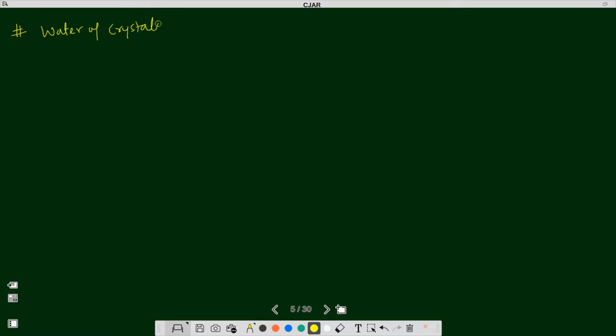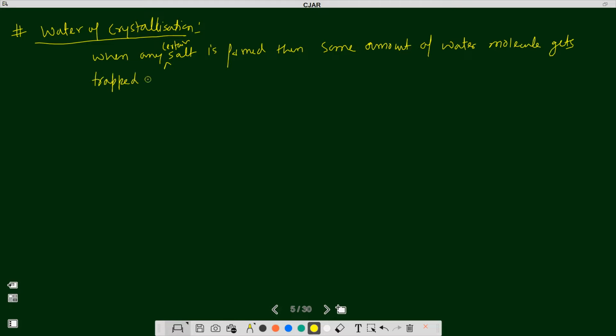So first we will see water of crystallization. Water of crystallization means when a certain salt is formed, some amount of water molecules gets trapped with it. It is called water of crystallization.